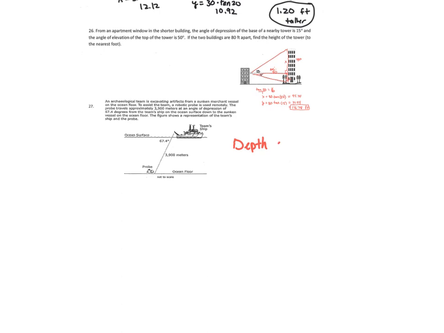Suppose we're looking for the depth of the ocean. Okay, so we could draw in a right triangle. So the probe travels on this diagonal distance, a total of 3,900 meters. We're looking for this depth of the ocean, x, and this angle is 67.4, which means that this one is alternate interior to this 67.4.